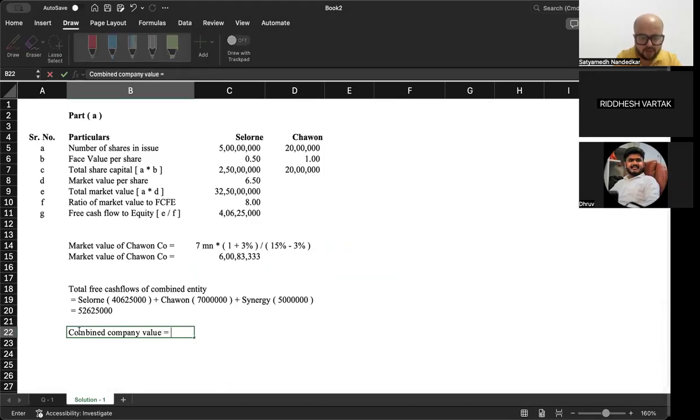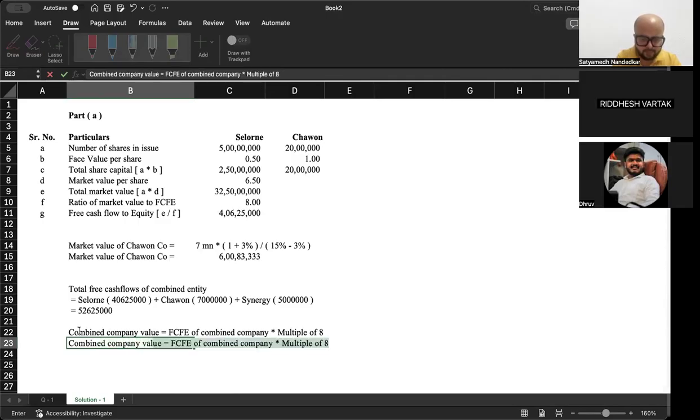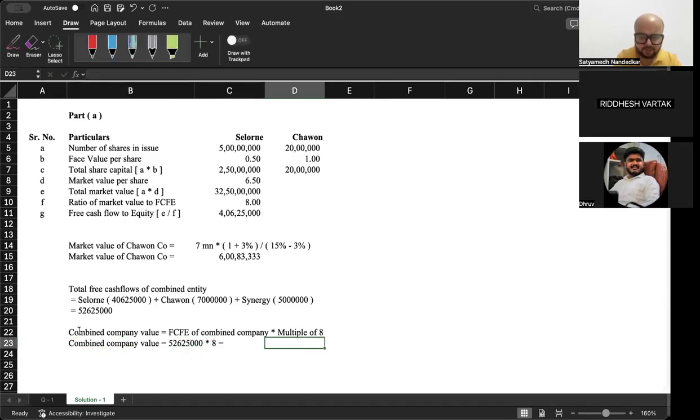Combined company value is FCFE of the combined company into multiple of 8. So 52625 into 8. Okay. 52625123 into 8.